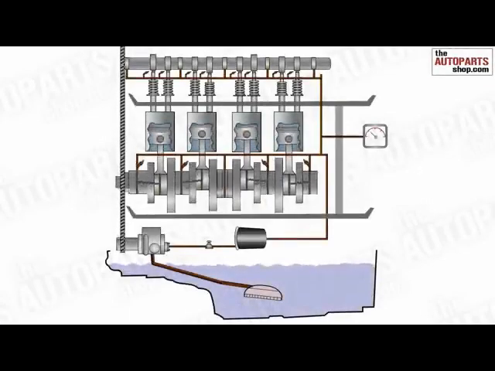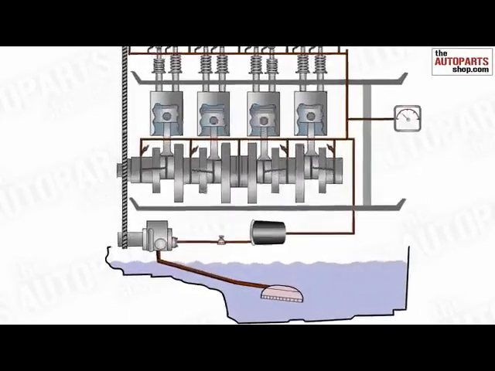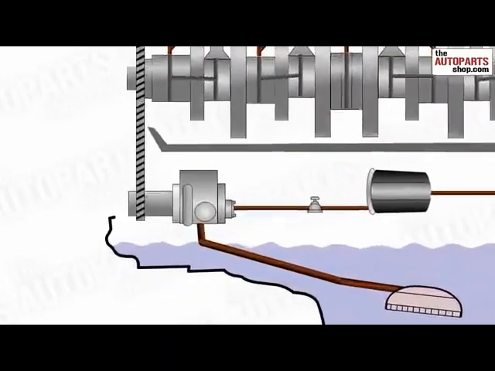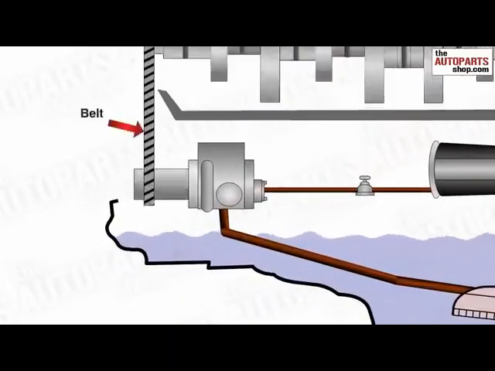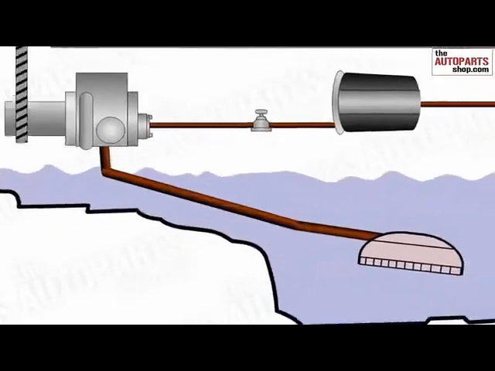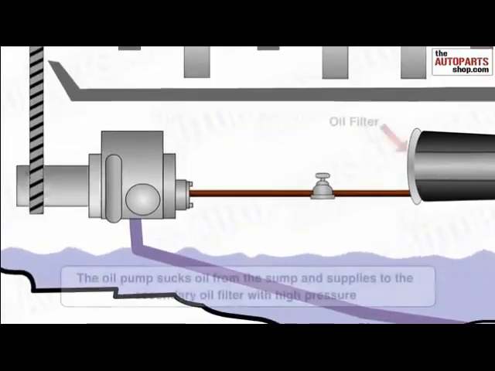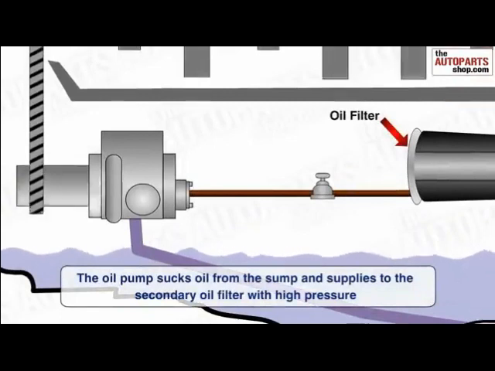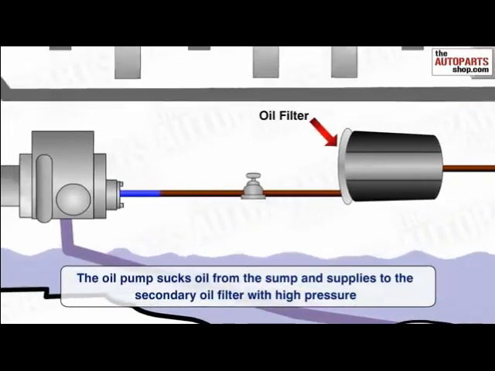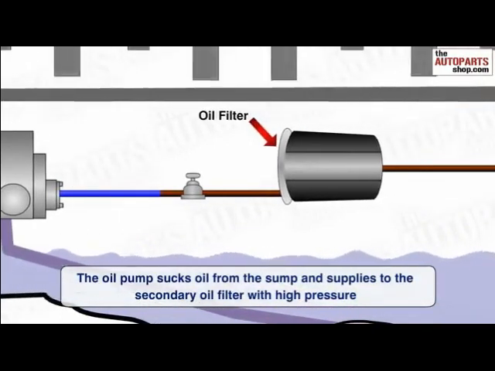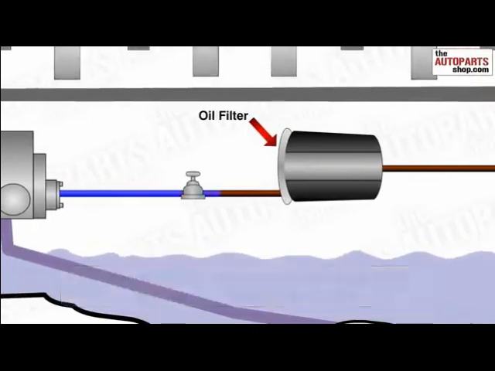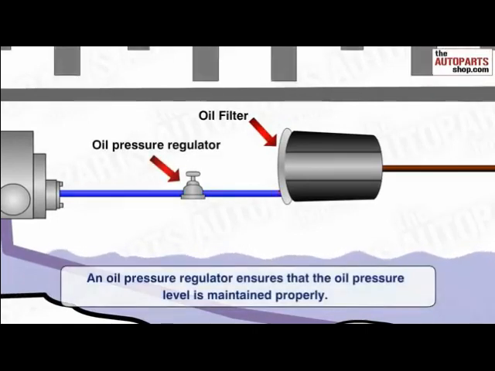The pump receives power from the engine through the belt and pulley arrangement. The oil strainer collects and filters the oil from the sump. The oil pump sucks oil from the sump and supplies it to the secondary oil filter at high pressure. An oil pressure regulator ensures that the oil pressure level is maintained properly.